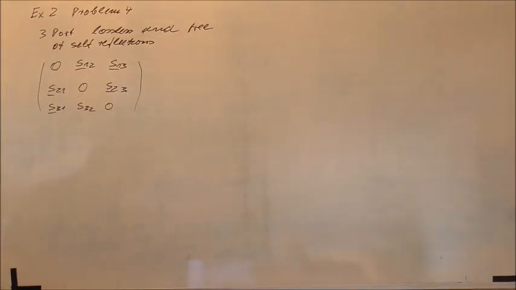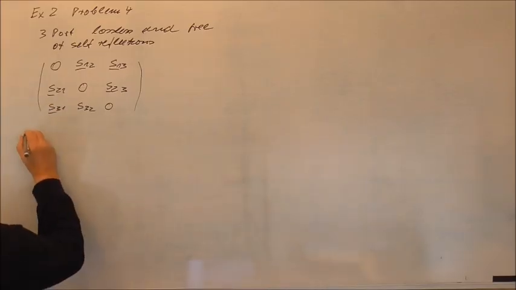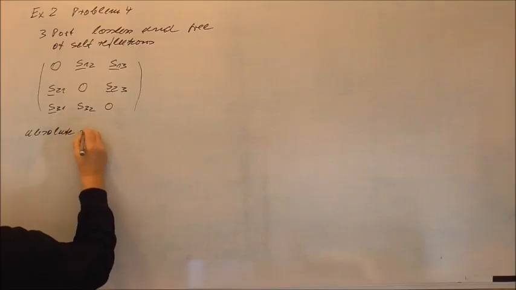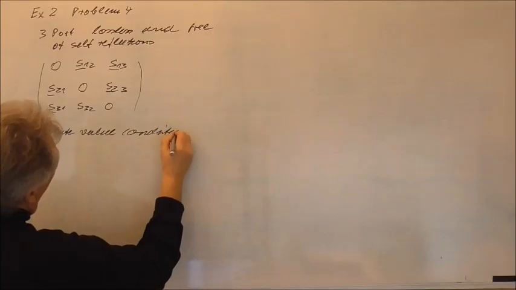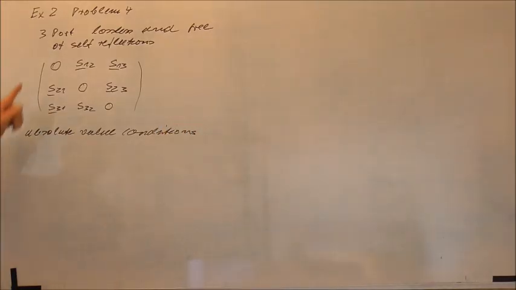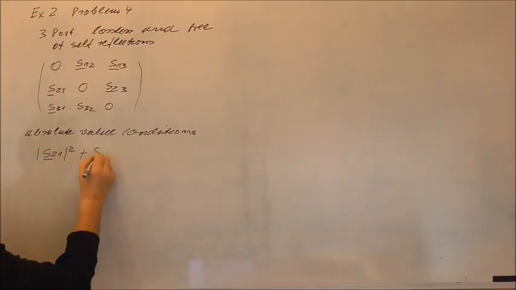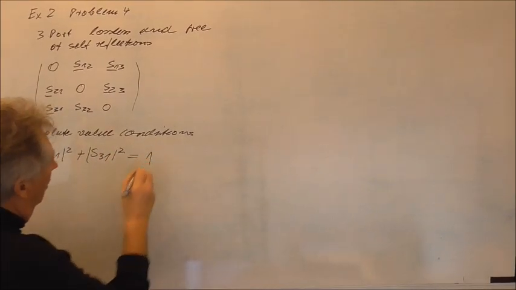So we have the absolute value conditions. In our case we have to again take the absolute value of the column vector. So this means we have |S21|² plus |S31|² must be 1.